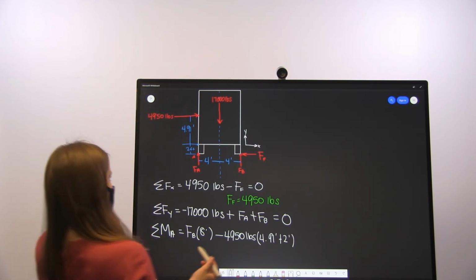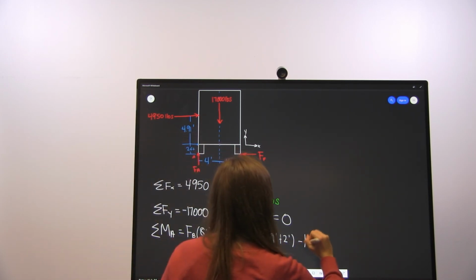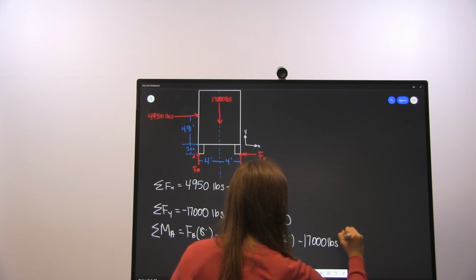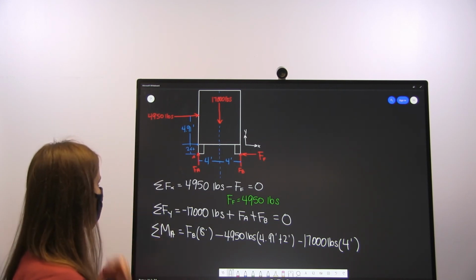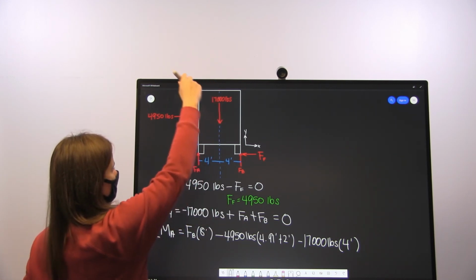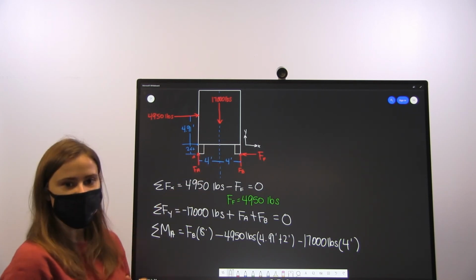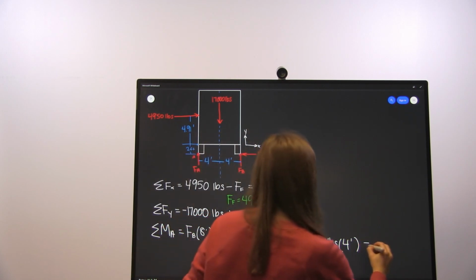And then minus 17,000 pounds times 4 feet, because 17,000 pounds is pushing down. It's going to give us another clockwise rotation, and it's 4 feet from A here. And then that's equal to 0.